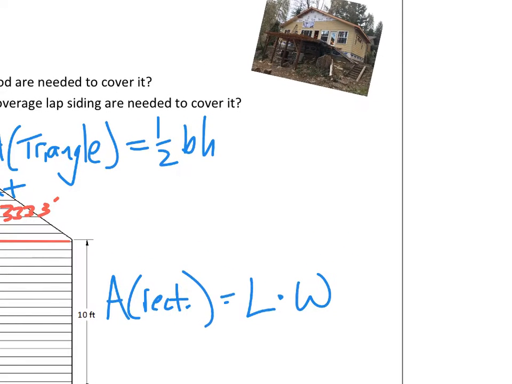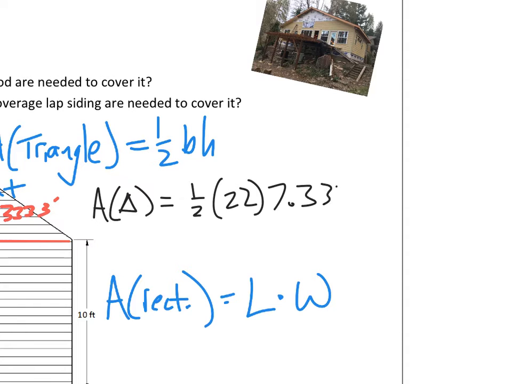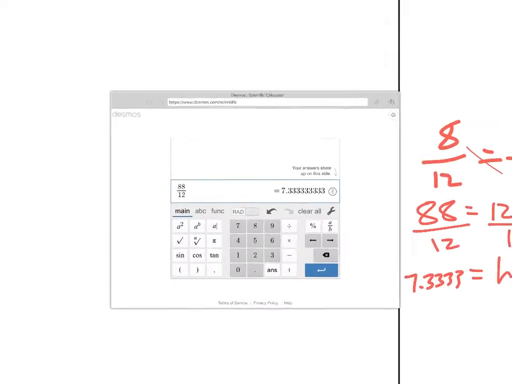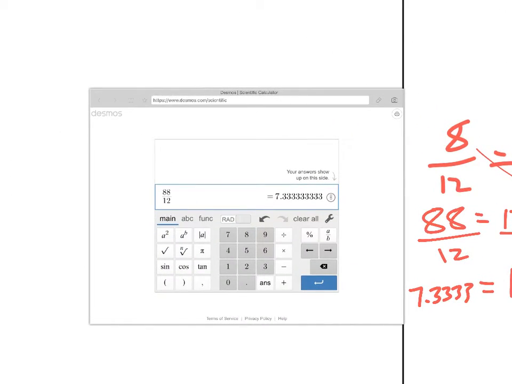All right? So the area of the triangle is going to be 1/2 times 22 times the height, which was 7.3333. Okay? And so we go back over here to our calculator, and we can compute that.